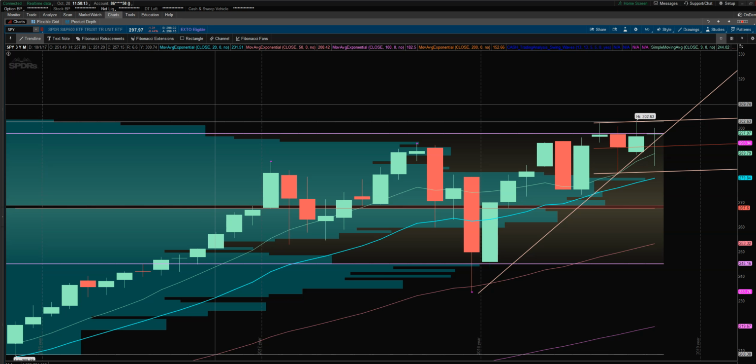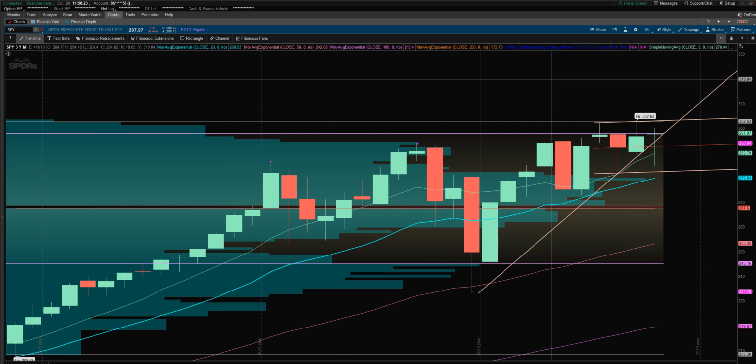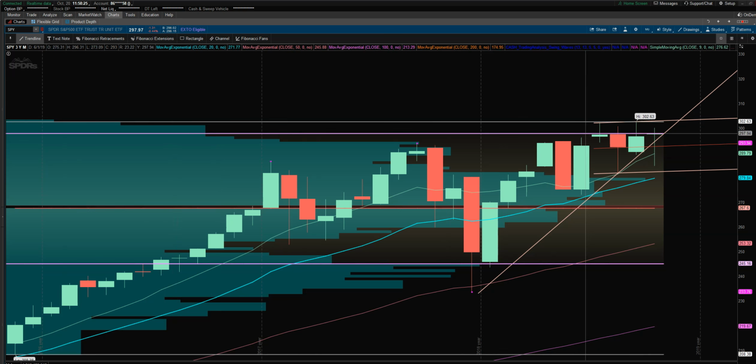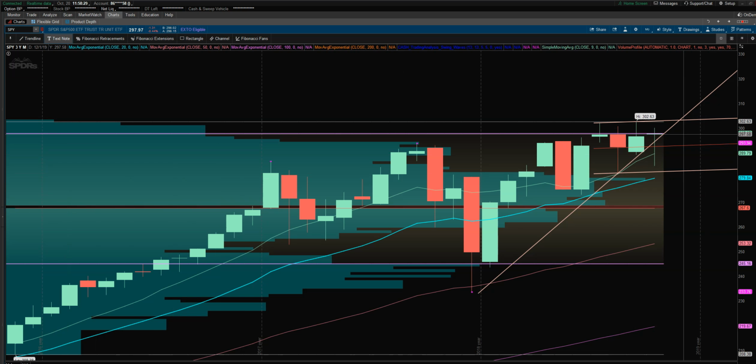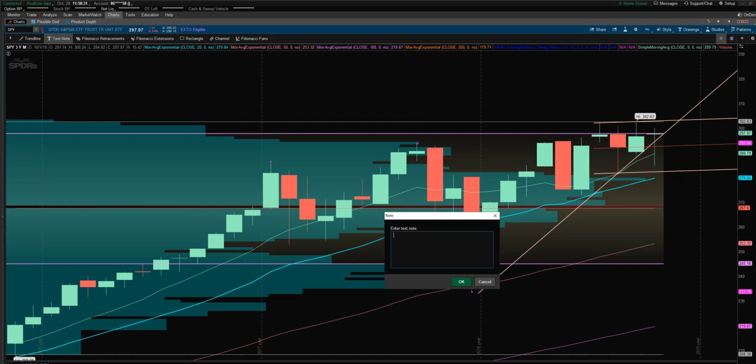So that's something that we look at, obviously looking at multiple time frames, but also at the volume profile. This is a monthly chart, as we've indicated previously. So we'll take the same level of information and mark out some levels very quickly. We'll say value area high on the monthly.